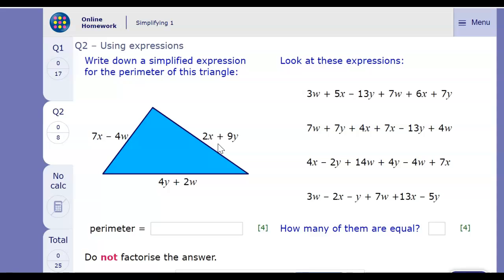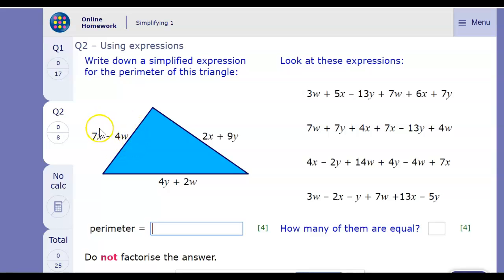So Marco, I'm going to start with you. Can you pick out the terms with the same letter, whichever letter you want to start with? Excellent. All right, so we've got 4w here, but it's got something else with it that we can't forget.